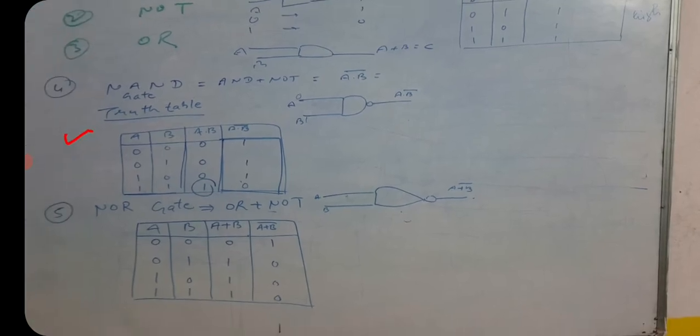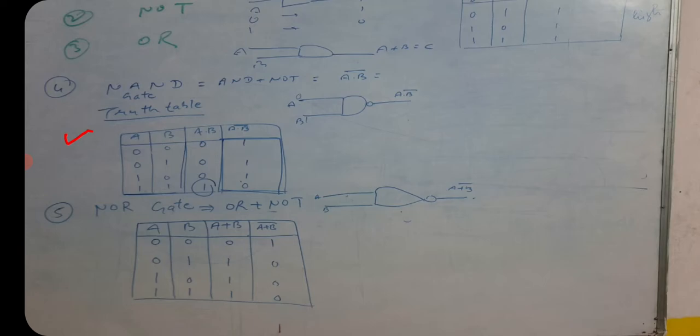If we perform A and B, then 0 and 0 is 0, 0 and 1 is 0, 1 and 0 is 0, and 1 and 1 is 1. That means the AND output is 1, high voltage, if both inputs are high, otherwise low.